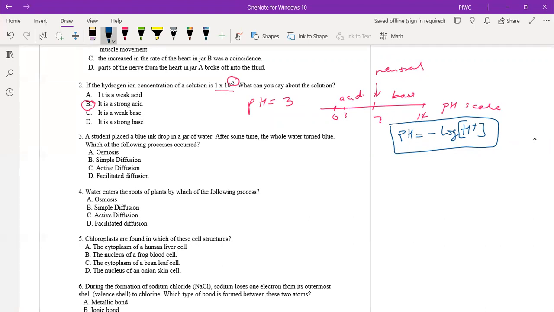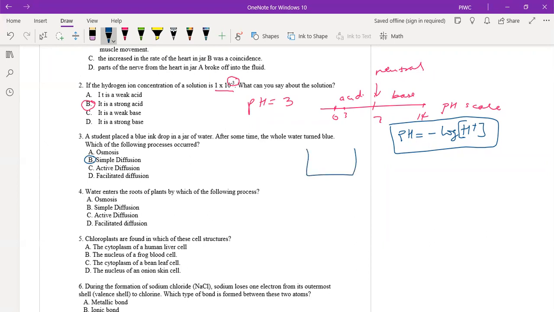A student placed a blue ink in a jar of water. After some time, the whole water turned blue. Which of the following process occurred? B, correct, simple diffusion. So remember, the simple diffusion or passive diffusion is the movement of molecules from a region of high concentration to a region of lower concentration, right?